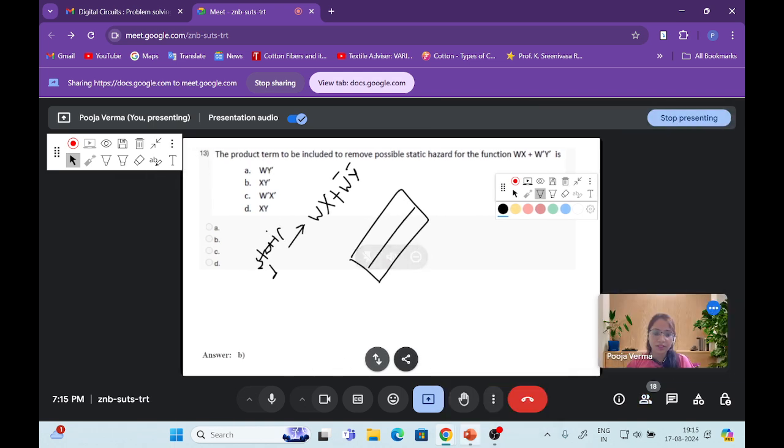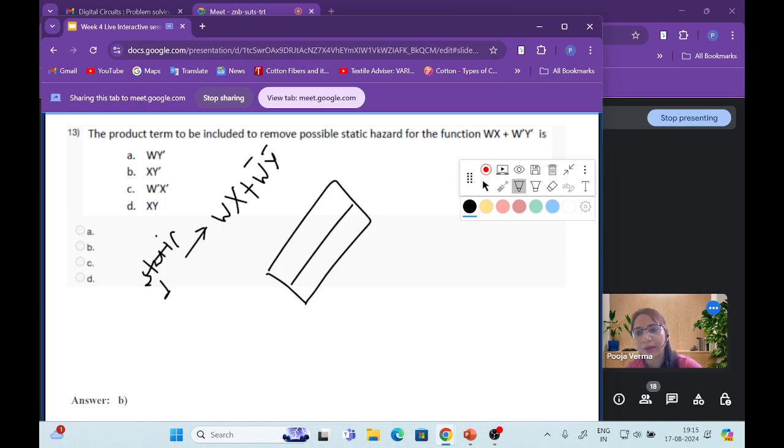Okay, so let's make a K-map for this. Then we are able to see which option will be included in order to remove the static hazard. Which static? Here it is given in sum of product form, which means it is related to static 1 hazard. If there is a product of sum form, then it is static 0 hazard.